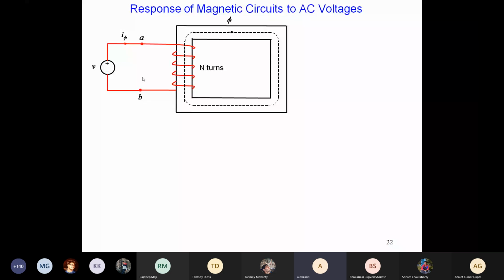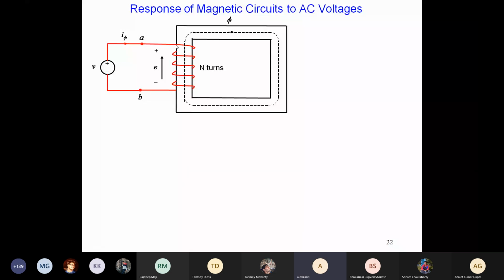Then the other fingers show the direction of the flux. So it is clear now from the diagram why this flux direction. Now, from this end the current is entering, so obviously this end is at a higher potential than the lower end.